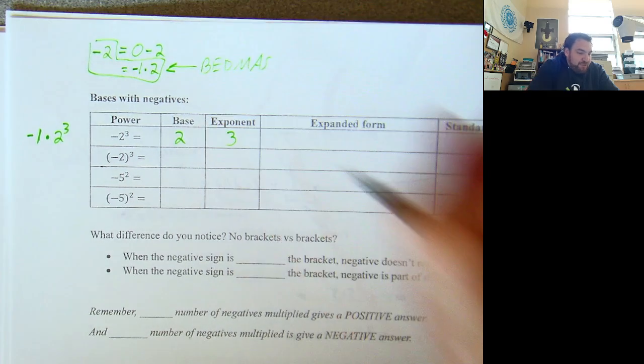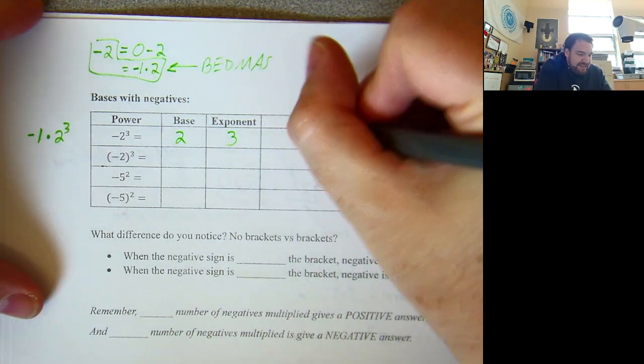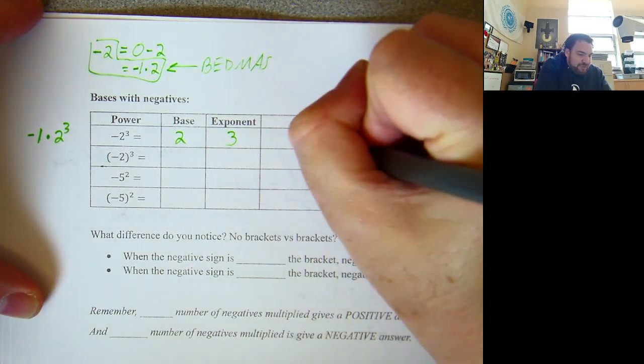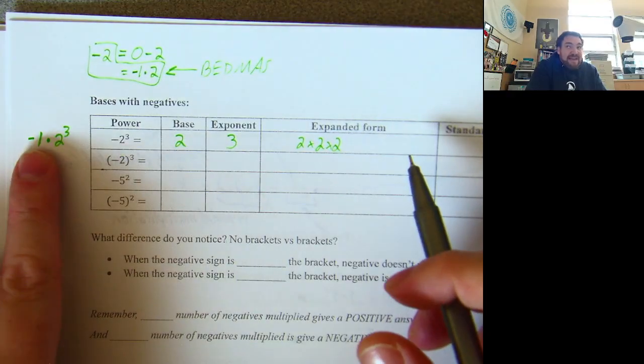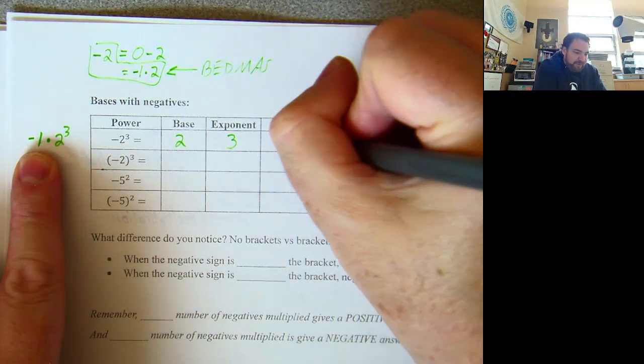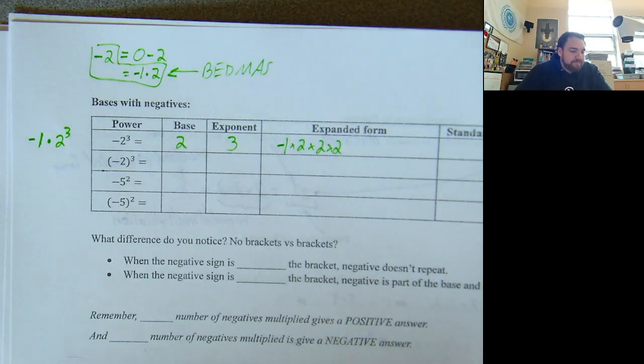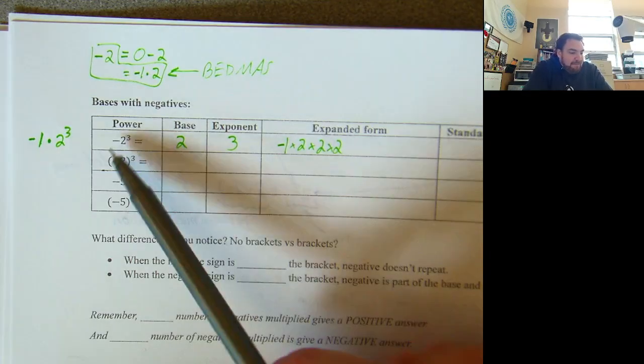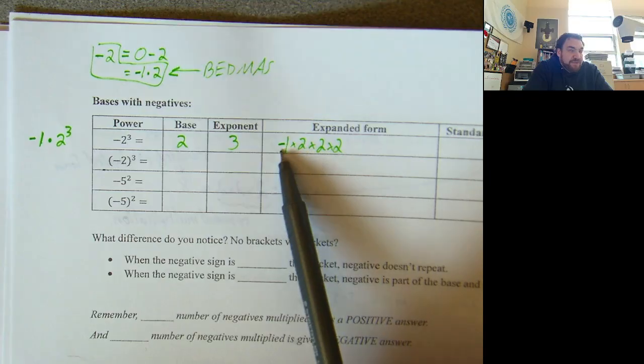It's going to be 2 times 2 times 2, and that -1 gets multiplied out front. The base is positive, the exponent is positive. That minus sign shows up as multiplication by -1 out front.